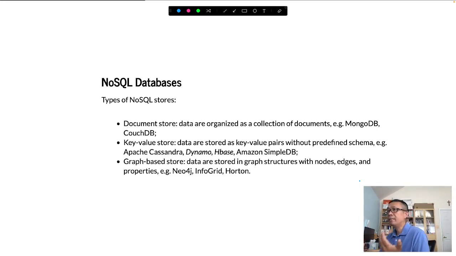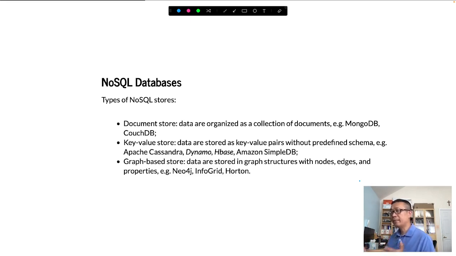So there are document stores where data are organized as a collection of documents. So things such as MongoDB, CouchDB, or even Elasticsearch are such NoSQL databases. There are also key value stores, which simply store data as key value pairs, right?